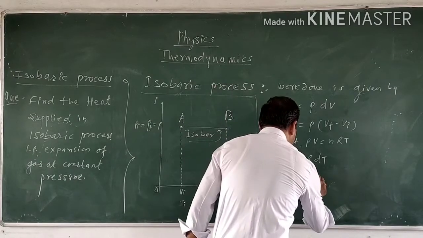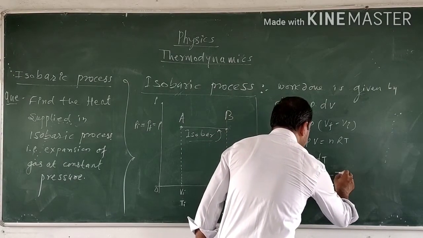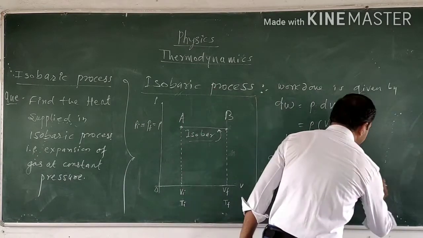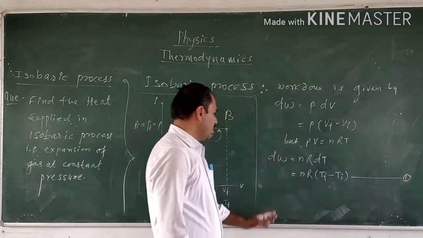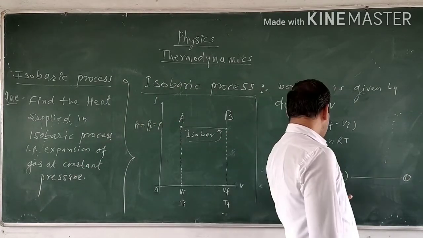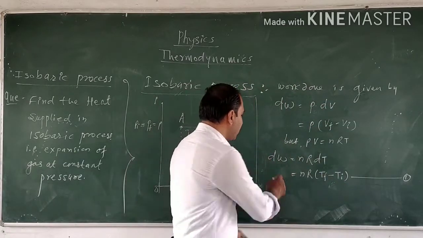Therefore, nR delta T is nR into final temperature Tf minus initial temperature Ti. So this is your equation number 1: W is equal to nR(Tf minus Ti). This gives the value of the work done in the isobaric process.